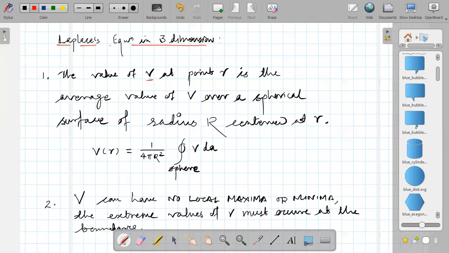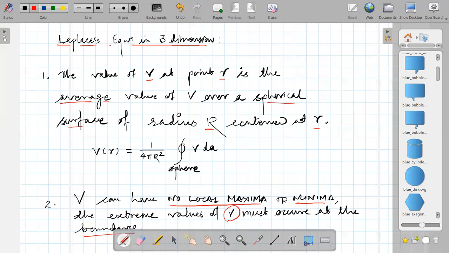The value of V at point small r is the average value over a spherical surface of radius capital R, centered at small r, where V of r average potential can be written as 1 upon 4 pi R square closed integration of V dA over the sphere, and we can have no local maxima as well as minima, and the extreme values of V must occur at the boundaries.